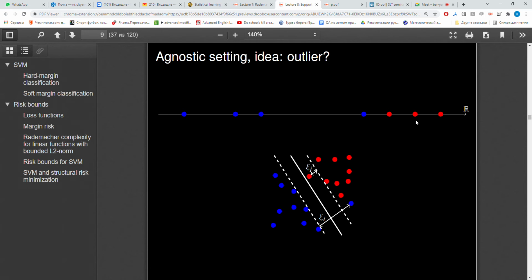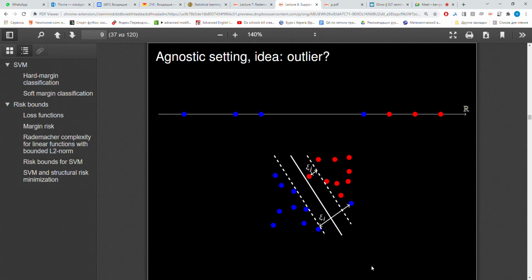For example, right here, suppose that we moved some red point here and some blue point here. So now we have no possibility to find the perfect hyperplane, but our past hyperplane, the white one, still splits our training sample very well.